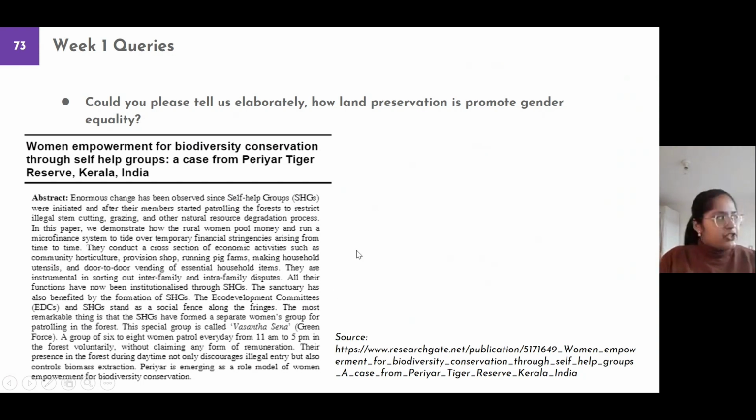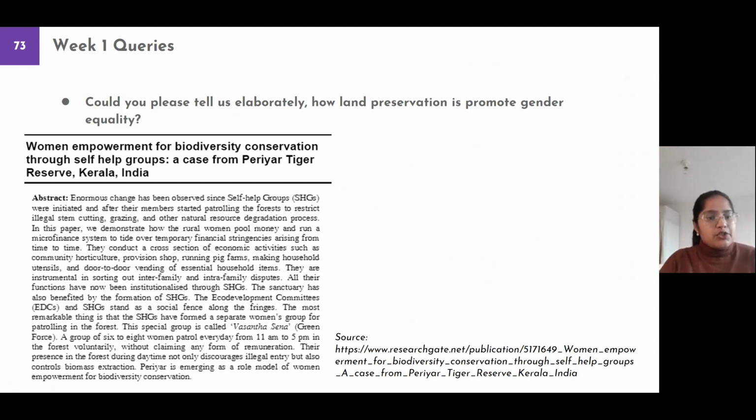So the women community has come together to protect this preserved land, and they have taken a very active participation role in maintaining it. So women are empowered by this practice.